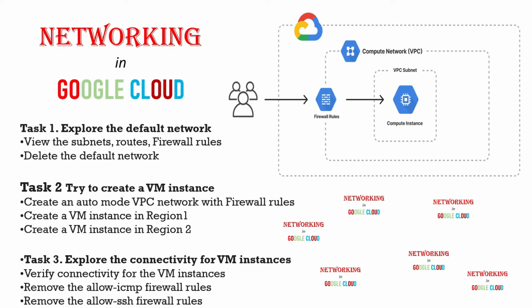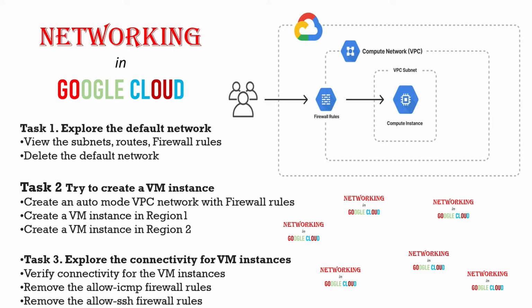In this exercise, which is very simple, covering the very basic fundamentals of the networking concepts in the Google Cloud, we'll go to the default network and explore some of the key elements of the network like subnets, routes, and firewall rules.